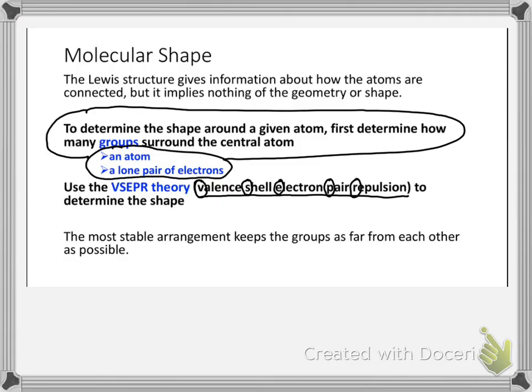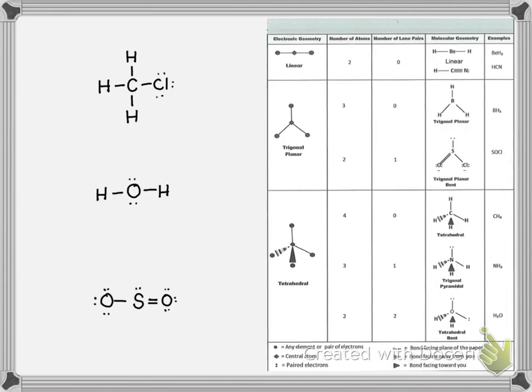And so we're going to count how many atoms are bonded to the center and how many lone pairs. And then we're going to apply a table I have for you to use. On the right of this slide is the VSEPR handout that we have. And since we're only doing central atoms that have an octet and they're not exceeding the octet, we only will have these shapes.